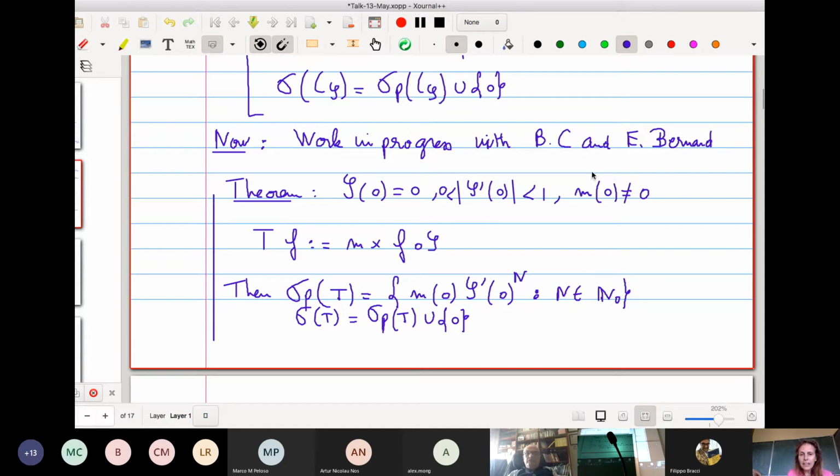Okay, and in the case where the derivative at 0 is equal to 0, the point spectrum is m0, and so I had it.